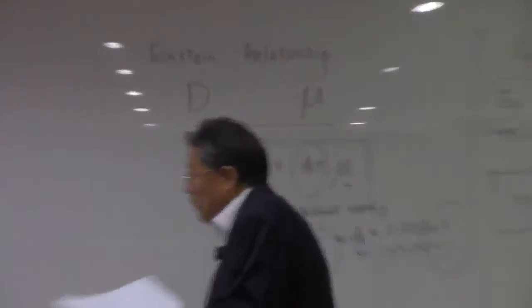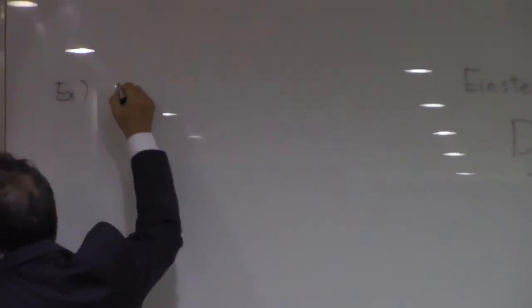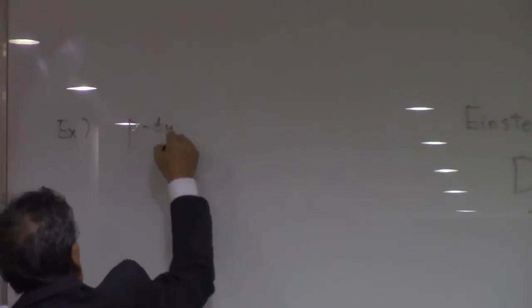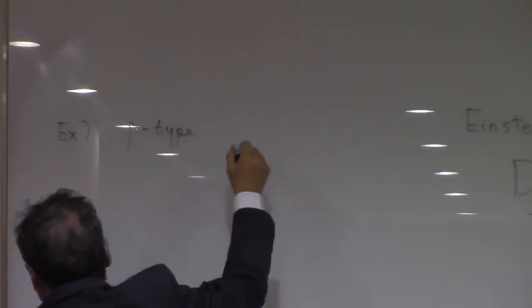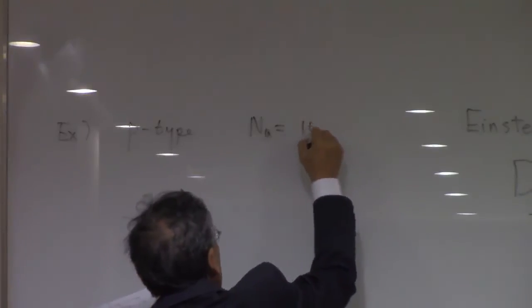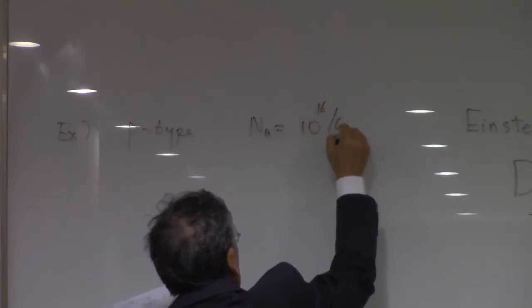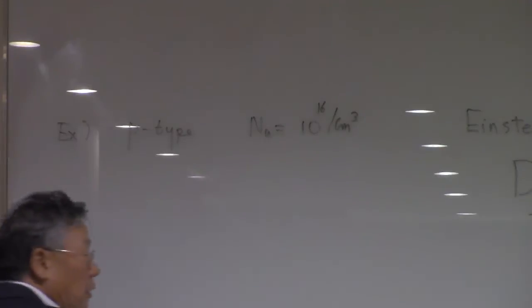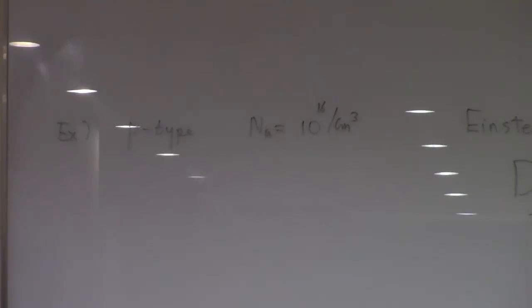Okay? Let me give you an example. It's in the text. In the p-type material, let's say the acceptor concentration is 10 to the 16th per cubic centimeter. That is very lightly doped p-type material.